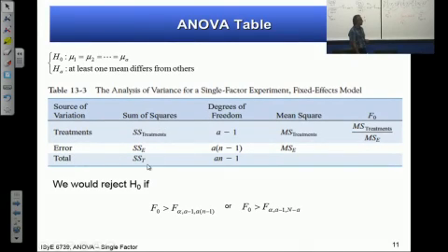There are corresponding sums of squares and degrees of freedom. You divide SS treatment by degrees of freedom, you get mean square. You divide SS error by degrees of freedom, you get mean square error. The ratio of these two mean squares is F0. You compare F0 with this threshold, then you decide to reject or not reject H null. Any questions?